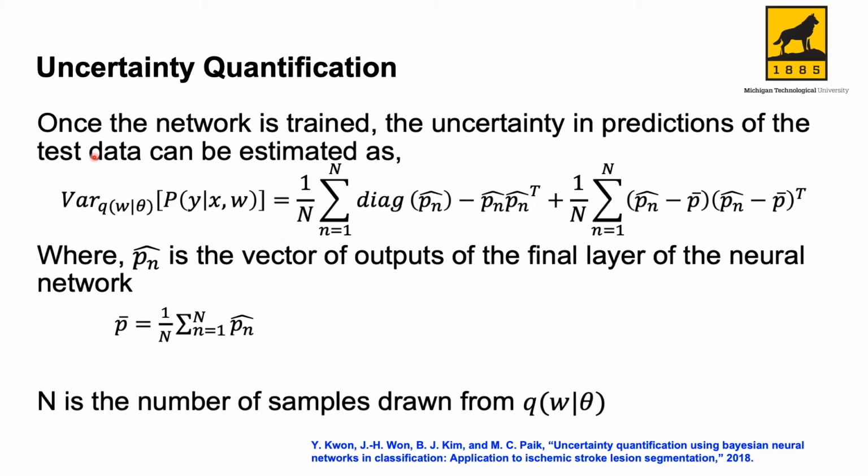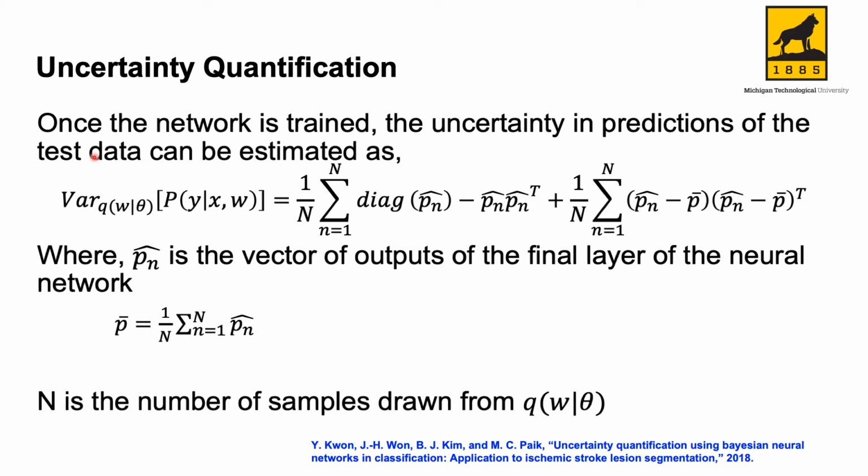Since y is also probabilistic, it has a mean and standard deviation. Its standard deviation naturally gives you the uncertainty in your prediction. So not only do you say this is my prediction, this image is a cat's image, you also give how confident you are: I'm 95% confident. So that's the benefit of having a Bayesian neural network.